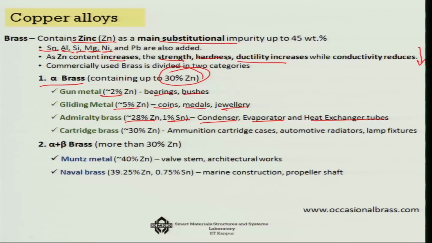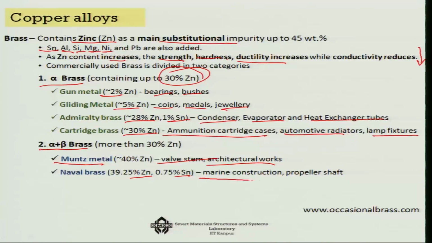Then the cartridge brass which has about 30% zinc, it is also used in ammunition cartridge cases, automotive radiators, lamp fixtures. So, the degree of zinc is much higher there. And if you get even higher percentage, that is alpha plus beta brass, you get things like Muntz metal, 40% zinc, which is used in architectural works or valve stem, or the naval brass in which you have zinc as well as tin.